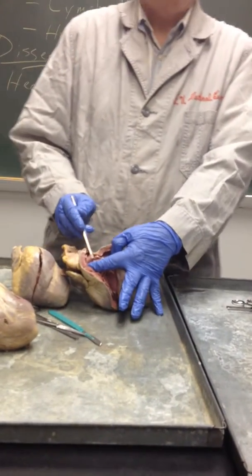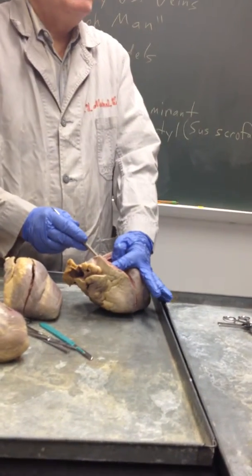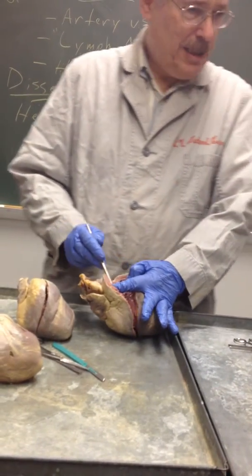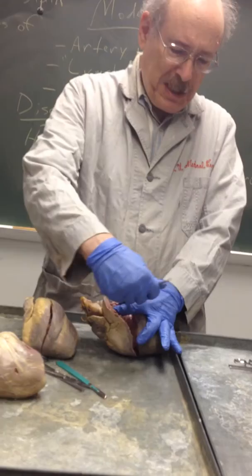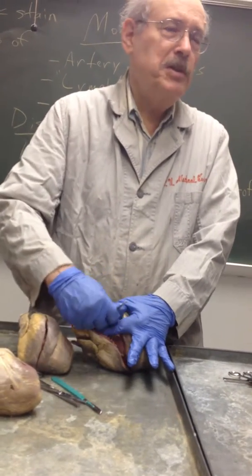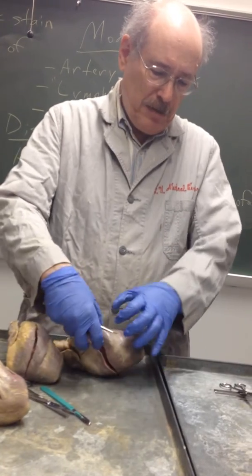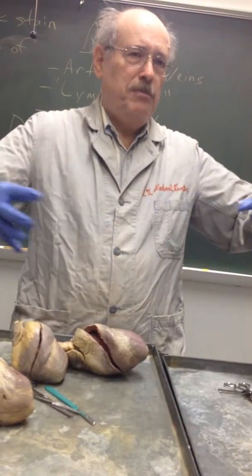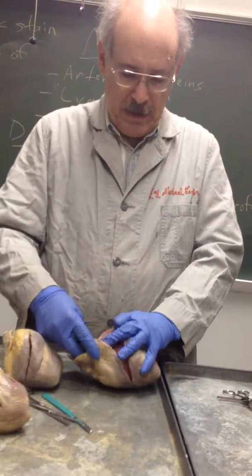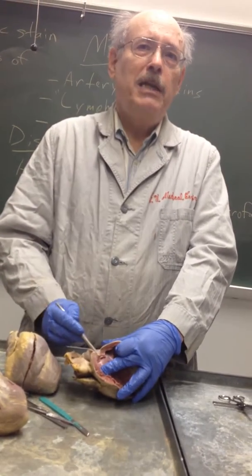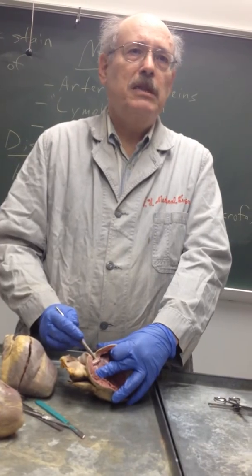When does this shut, everybody? All right, during diastole, not systole, diastole. In fact, systole opens the valve by forcing blood through it. But during diastole, the ventricles expand. The suction, very briefly, causes blood to get into these pocket-shaped cusps and shut the valve.